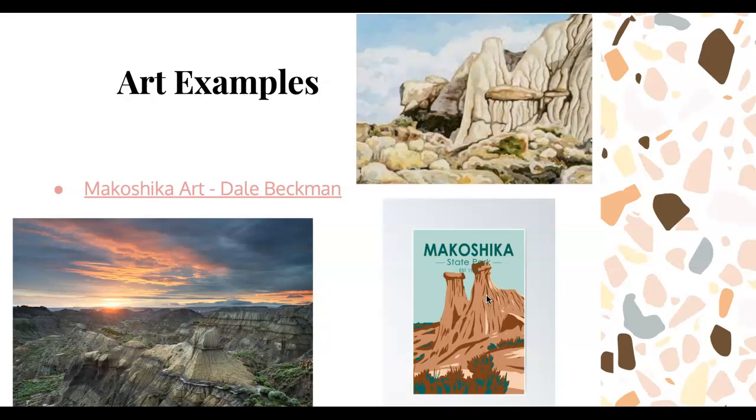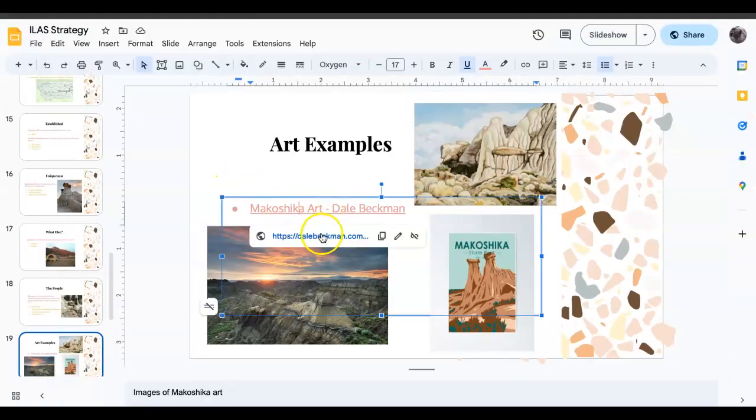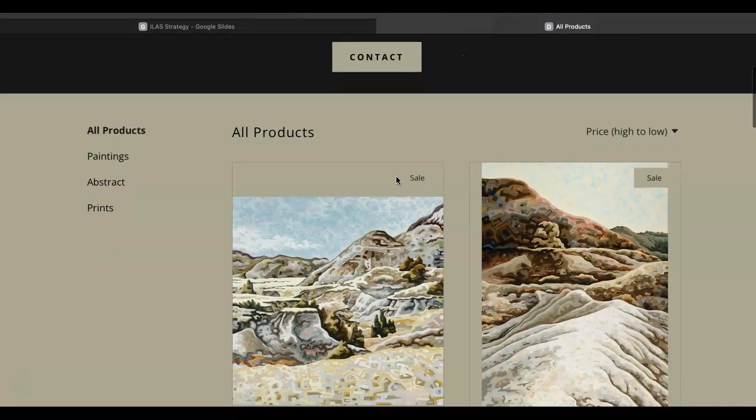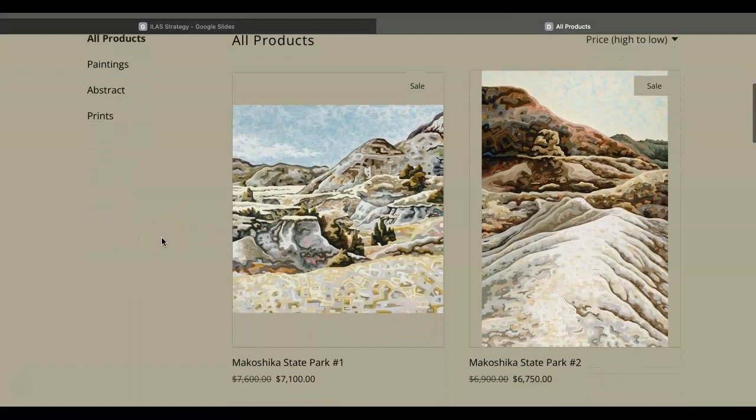On the next slide, you'll see examples of art that can be used to depict the history of Makoshika State Park. We will be taking a quick look at this website. This is the artist named Dale Beckham, and he does abstract paintings of Makoshika State Park.